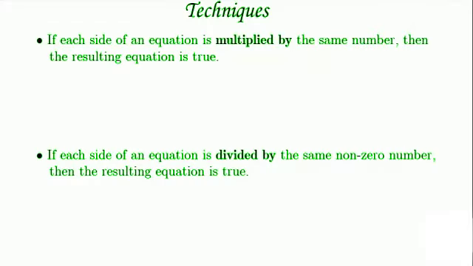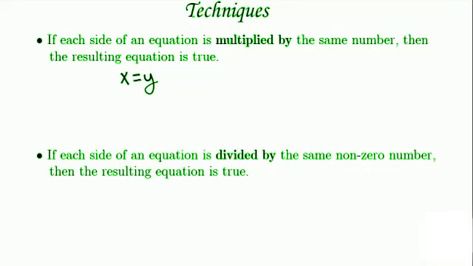The techniques that we're talking about are based on the multiplication principle. The multiplication principle states that if each side of an equation is multiplied by the same number, then the resulting equation is true. Taking a simple example, the equation x equals y.